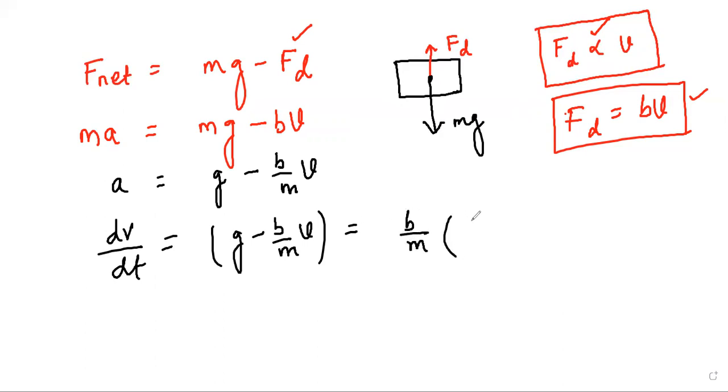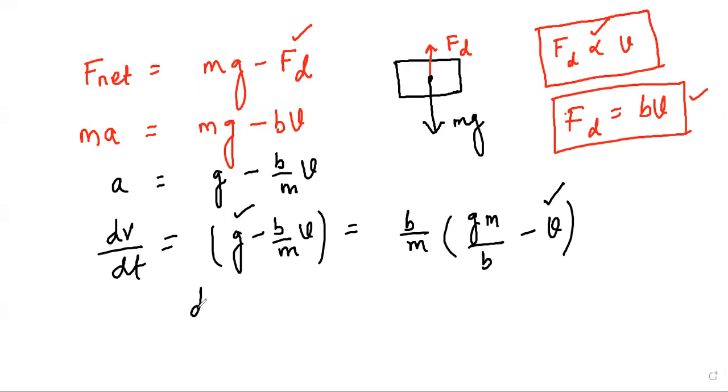We can write g times m by b, so that b is cancelled and we get g back, and then minus v. Here v is a function of time, which changes as the object is falling, so the velocity will keep on increasing with respect to time.